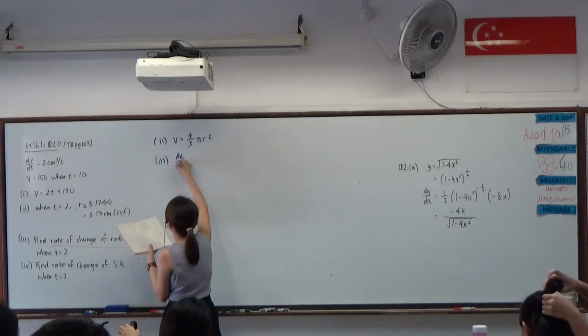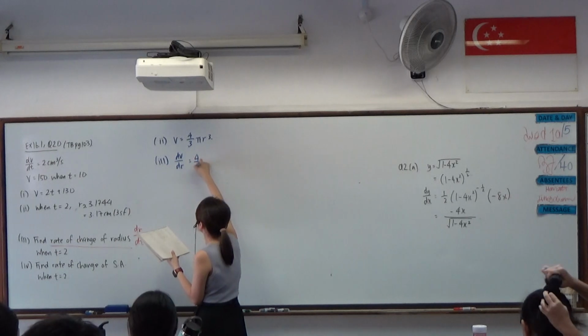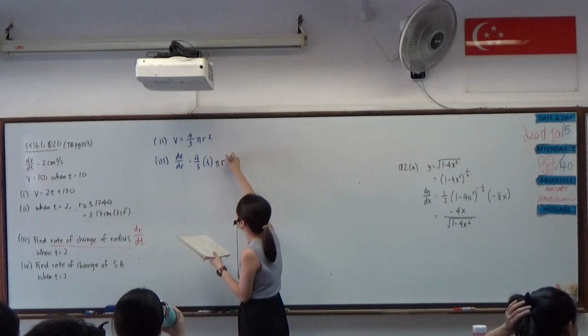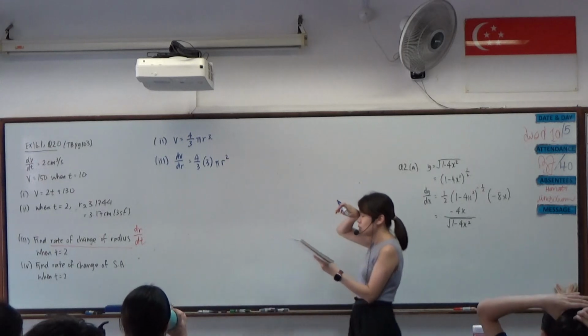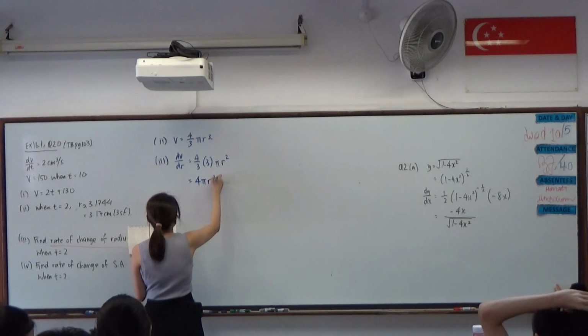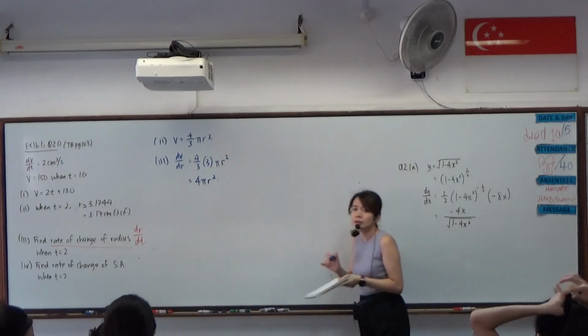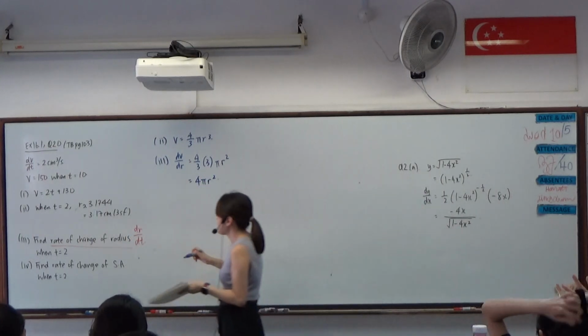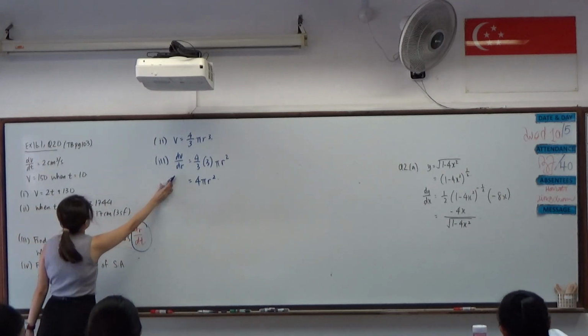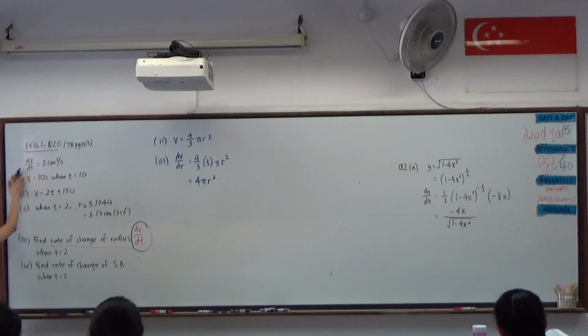So your dV over dr will be to bring down the power of r and then power minus 1. So we get 4 pi r squared. Then, because I want to find out dr over dt, I have dV over dr and I have dV over dt.